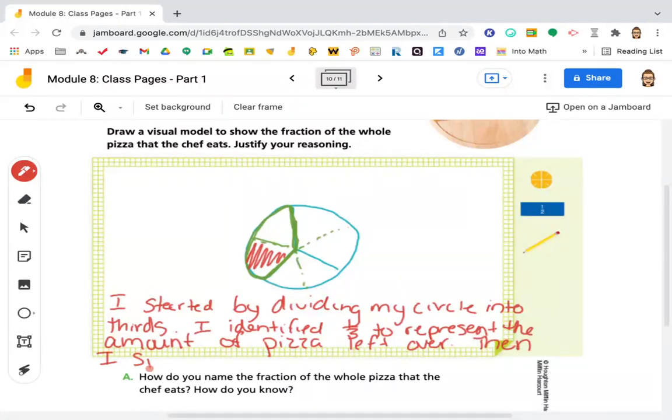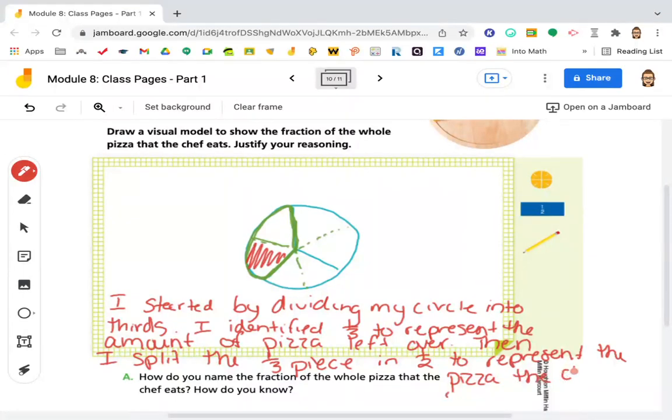Then I split the 1/3 piece in half to represent the pizza the chef eats.